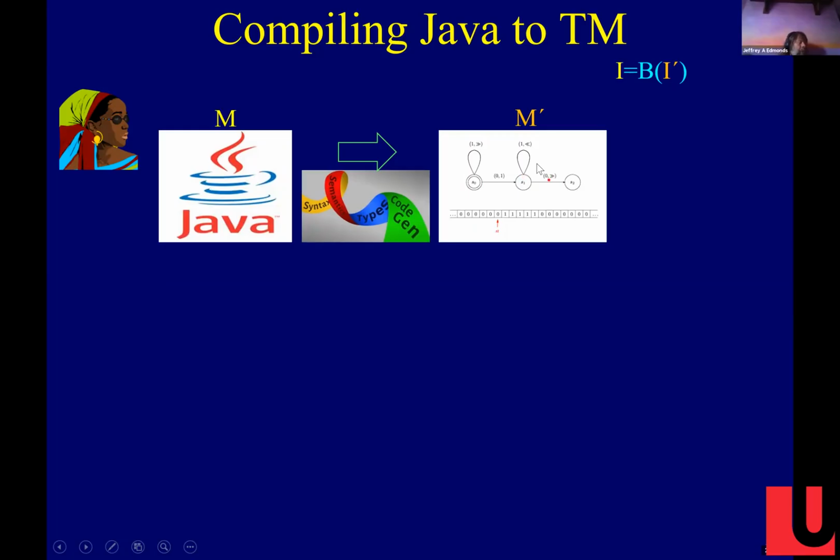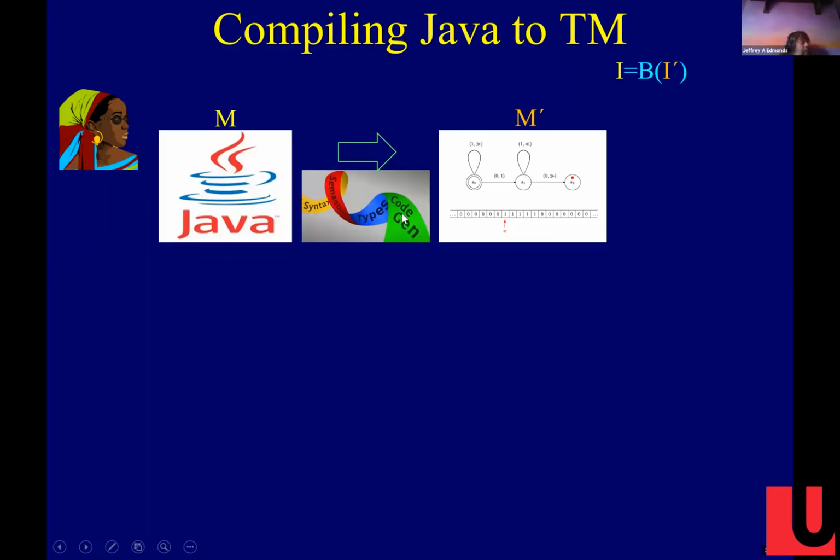And more or less, if you've taken 2001 from me, then you've done this. On the 2001 test, I gave you code that did insertion sort, which looks kind of like Java, and you wrote me a Turing machine that solves insertion sort, right?